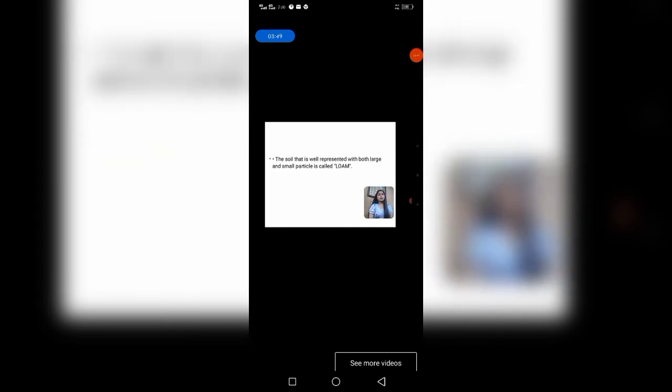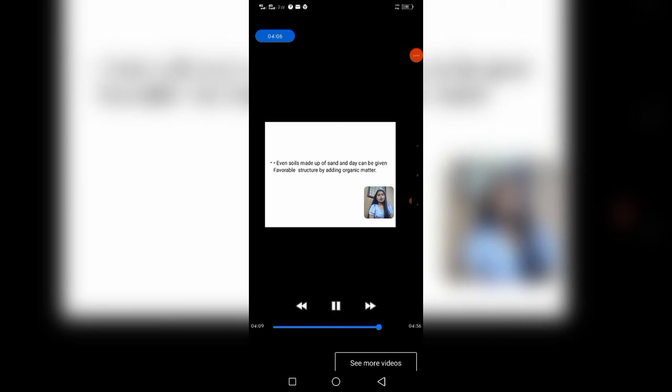The soil that has both large and small particles is called loam. Loam soils are almost always productive soils. Even soils made of clay and sand can become variable in structure by adding organic matter.